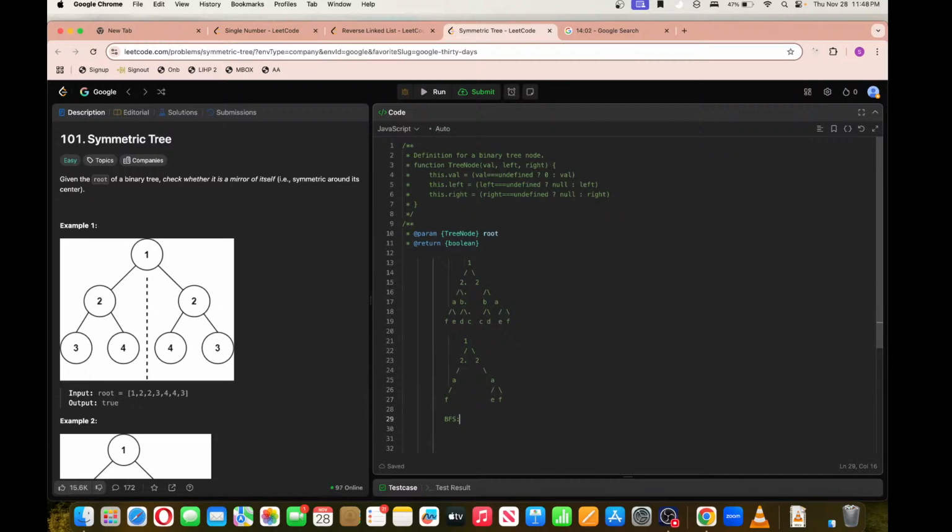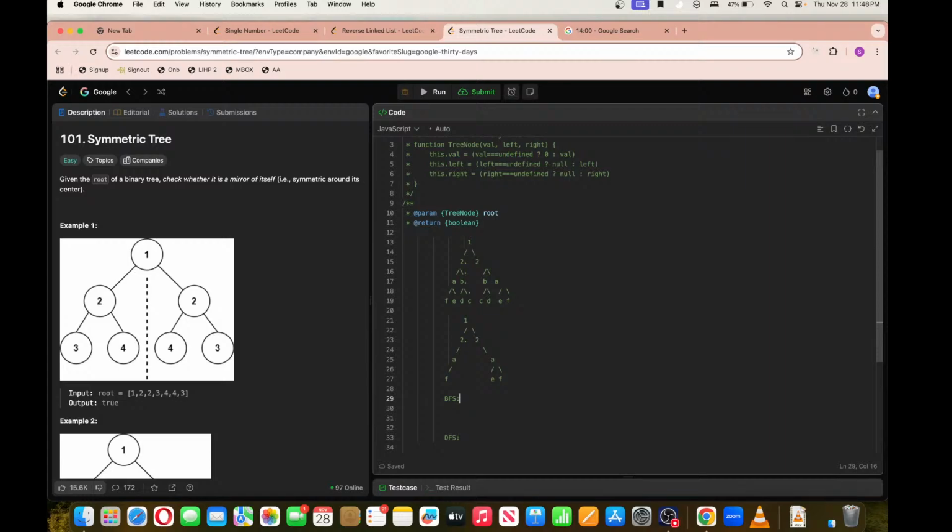Suppose this is the case. Yeah, actually we can do BFS, I think, because if the upper level is symmetric, then it means that the lower level should also be. So wherever the upper level ends, then it means this is a child. Yeah, every time.